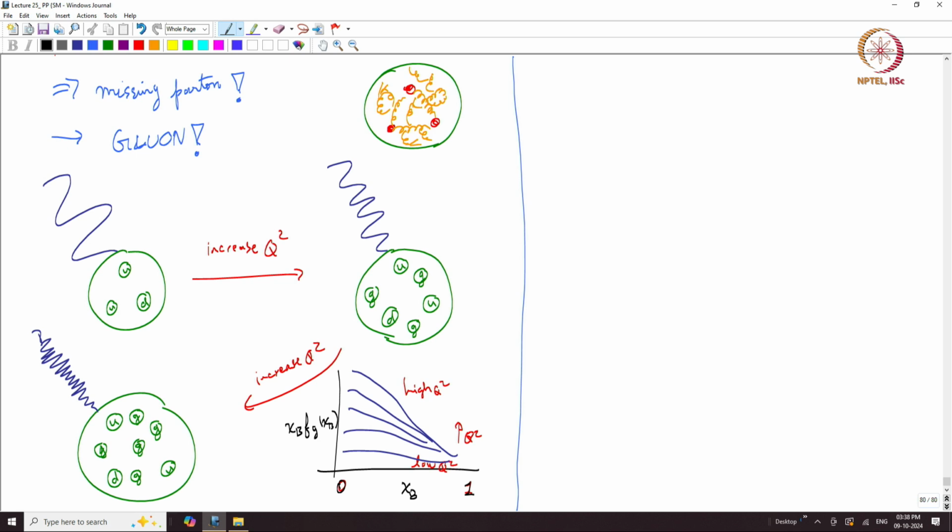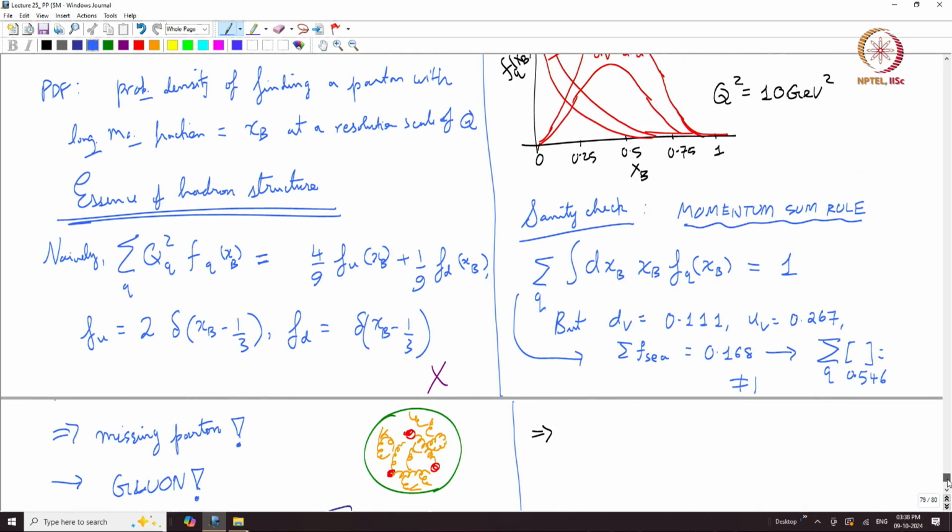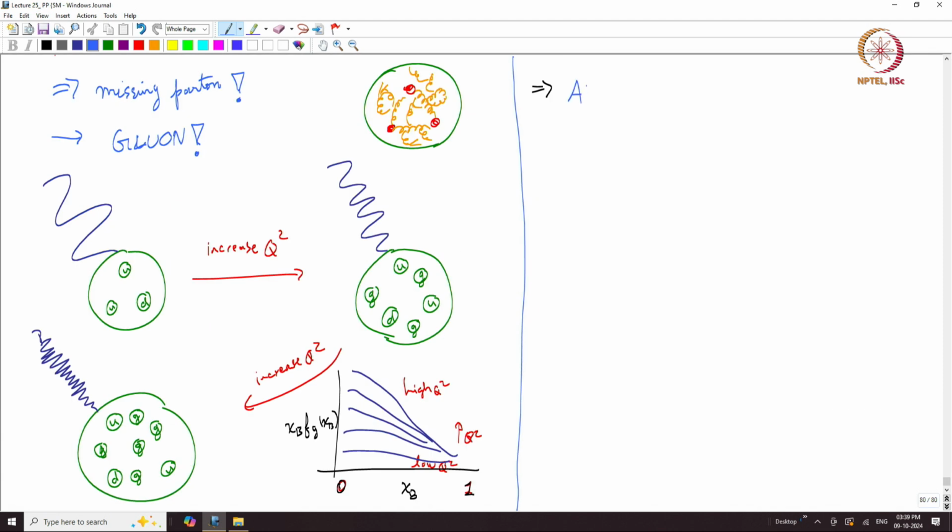So, this implies that because you see more and more gluons coming into the picture, and because they have to get into the momentum sum rule, you have to add that also in the momentum sum rule, right. So, that means all the PDFs evolve with the resolution scale q square.